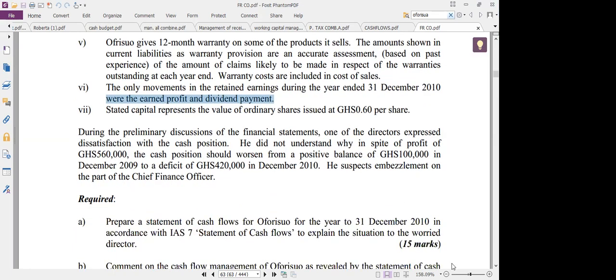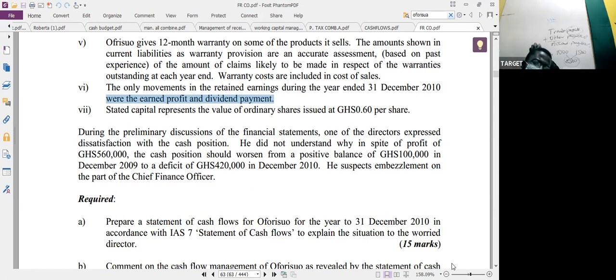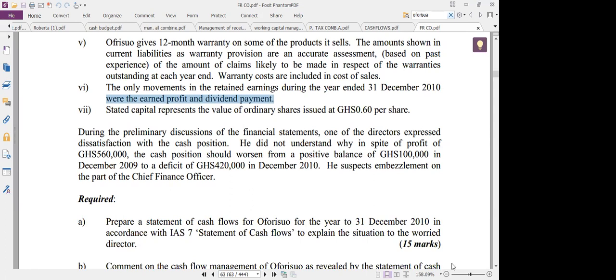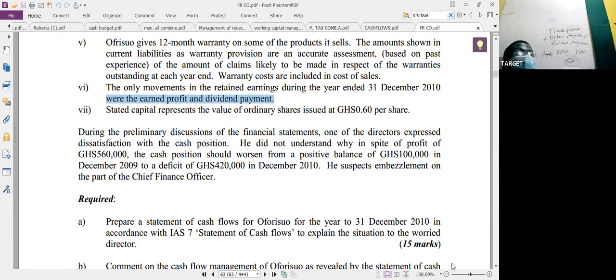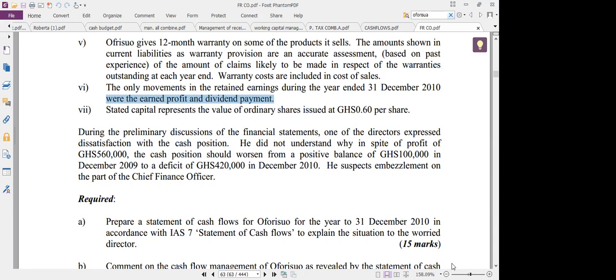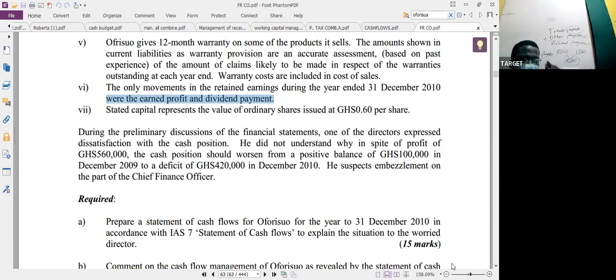During the plenary discussion of the financial statement, one of the directors expressed dissatisfaction with the cash position. He did not understand, I repeat, he did not understand why, in spite of a profit of 560,000, the cash position should worsen from a positive balance of 100,000 in December 2009 to a deficit of 420.